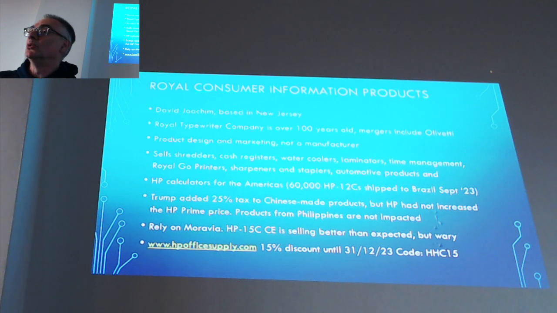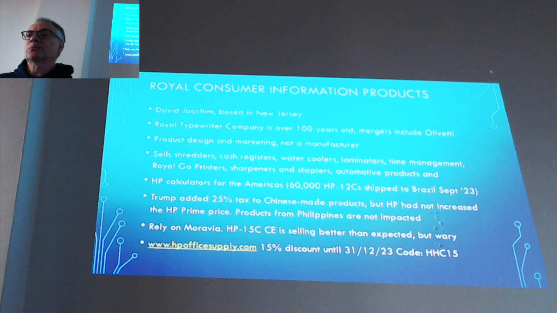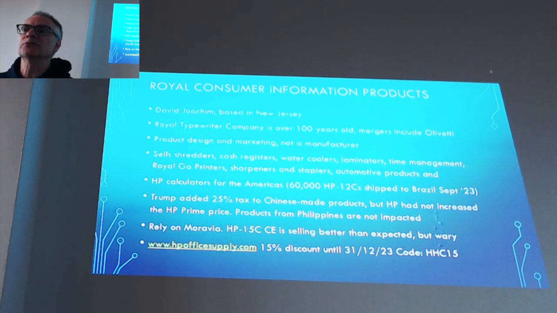Interestingly, they bought Olivetti. So if you ever wonder what happened to Olivetti, no. They are responsible for product design and marketing, but they are not a manufacturer. They, as a company, sell shredders, cash registers, water coolers, laminators, time management things, calendars and stuff.